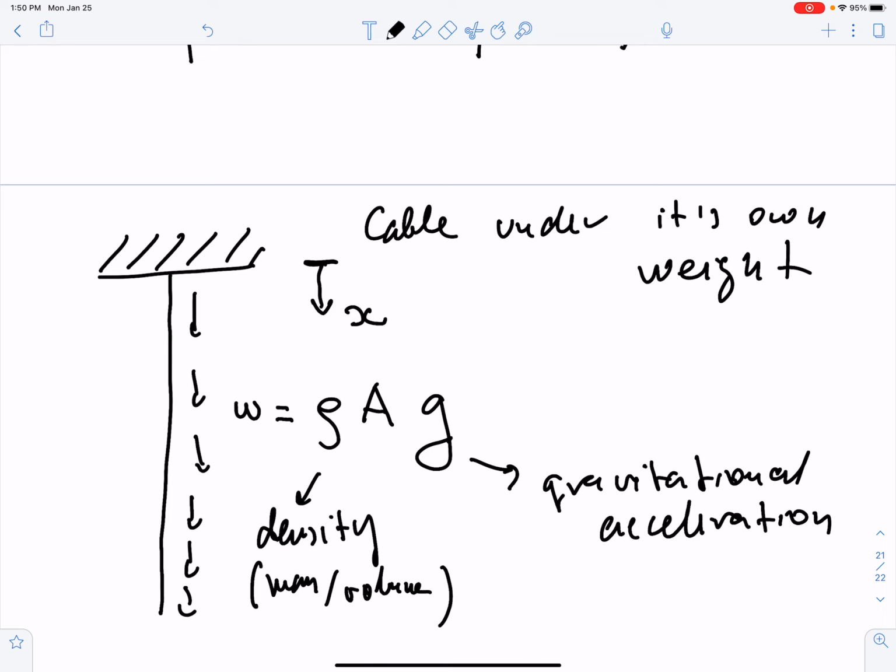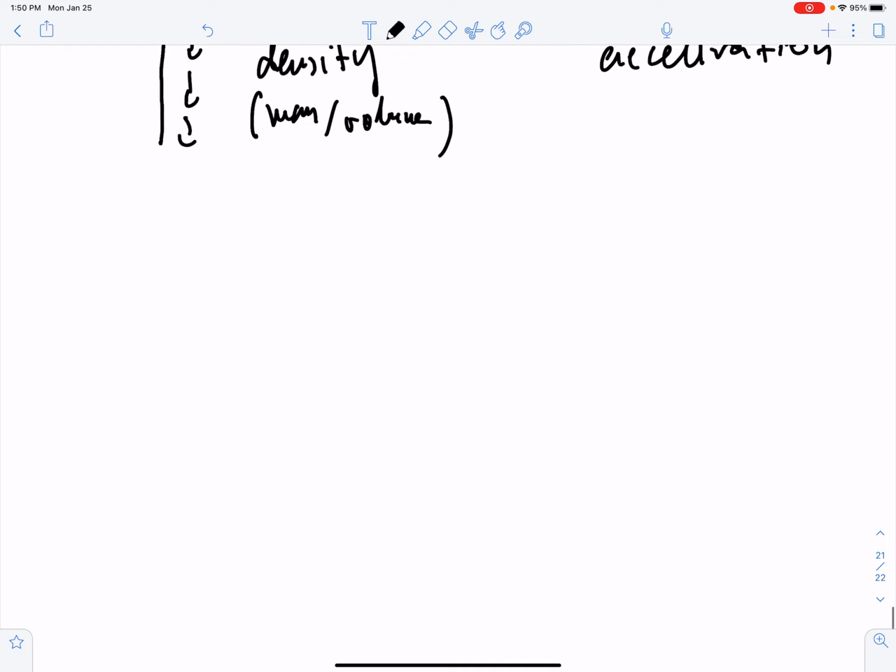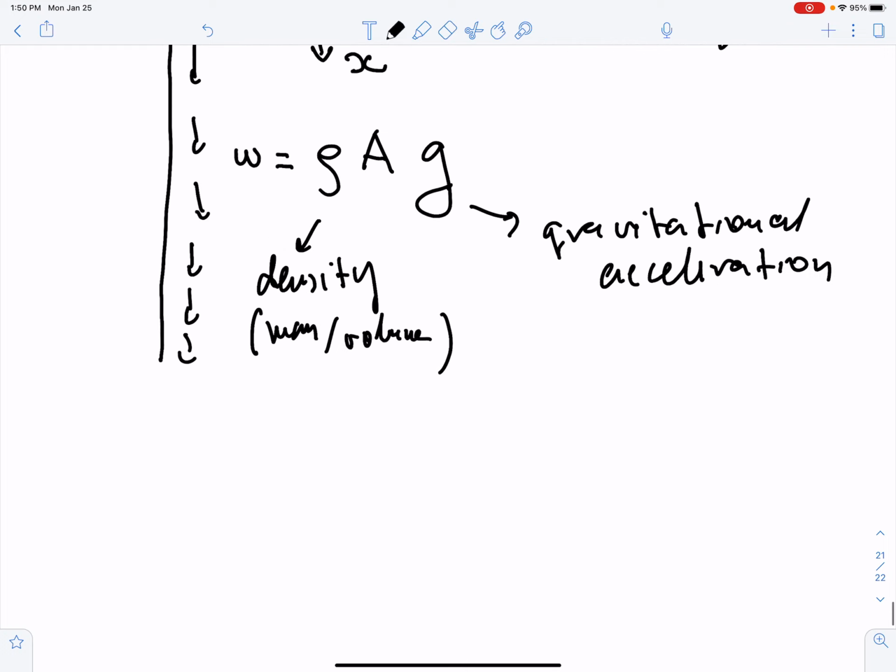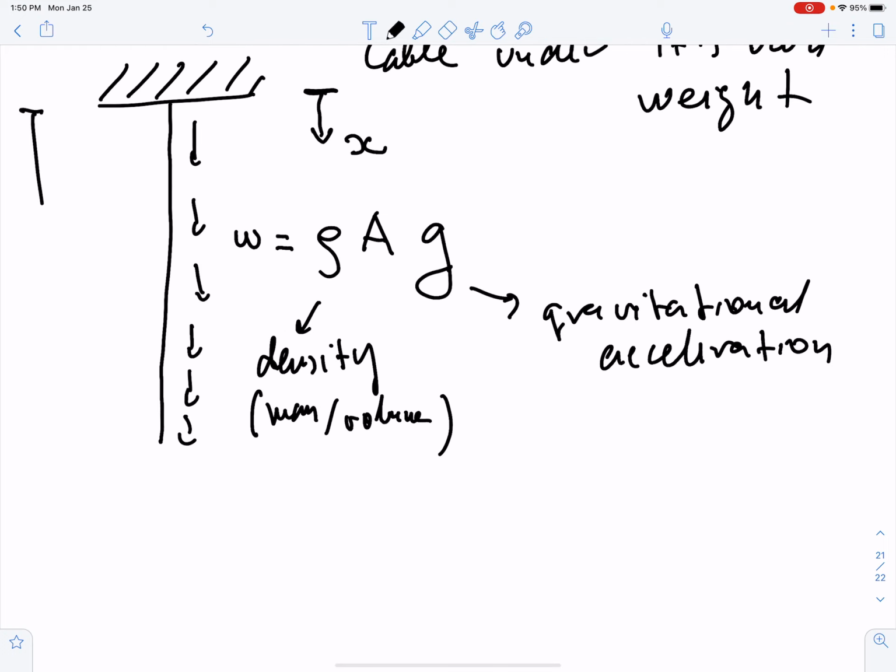Okay, so I'm going to assume a prismatic cable and finally, of course, very important, the length itself, L. So you see everything is written symbolically here, which means that you develop solutions for a fairly large class of cables. So if you can supply to me the density, the cross-sectional area, and the length, gravitational acceleration is always a constant, 9.81 meters per second squared. Okay, you can't get around that one.